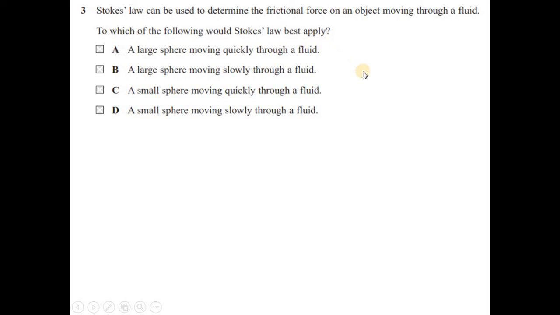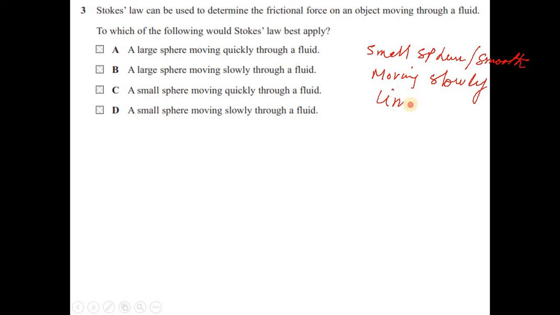So Stokes law can be applied only on a small sphere, and it should be smooth and moving slowly, in a laminar flow. These are some of the conditions that we assume to apply Stokes law.